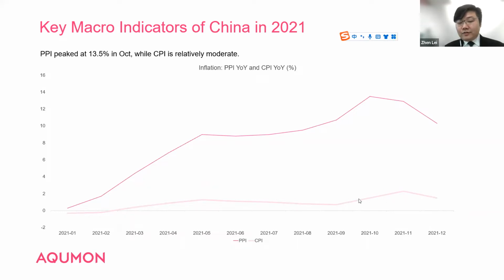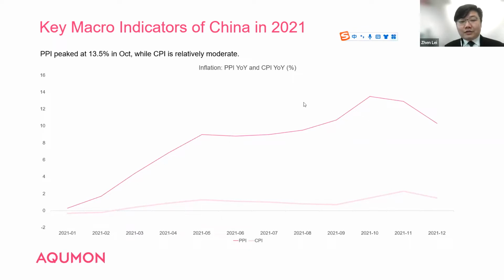We can see that the year-on-year change of CPI is quite low in 2021, and even lower than 2%. And strangely, on the production side, for the PPI and the raw materials, the price of the raw materials went up significantly during 2021.